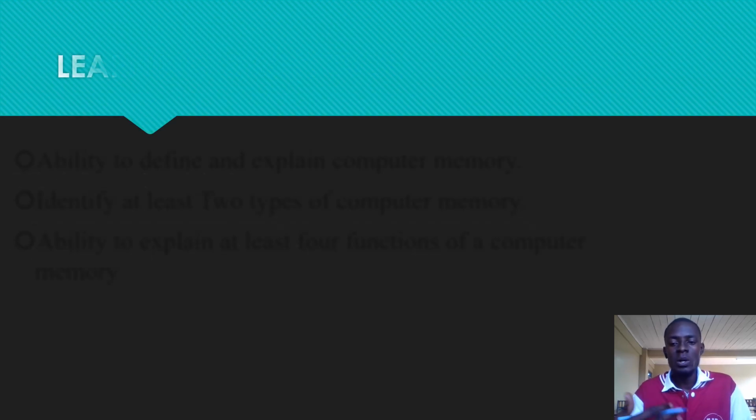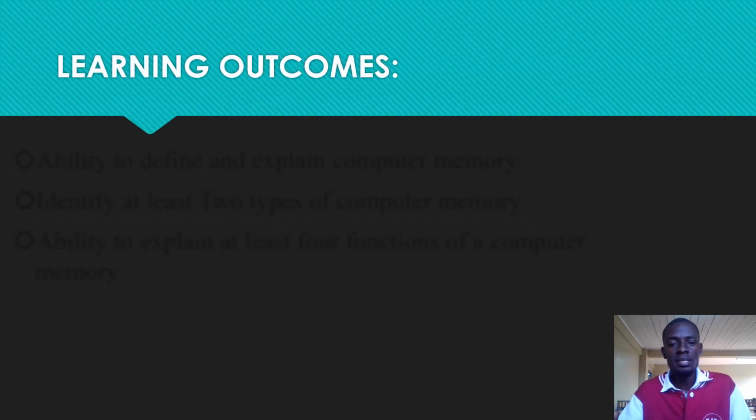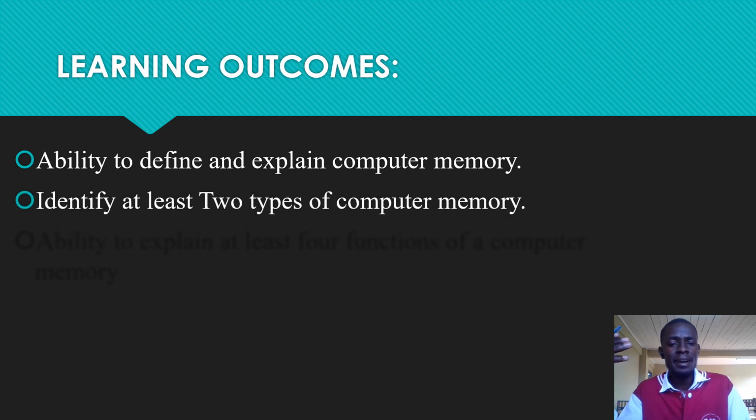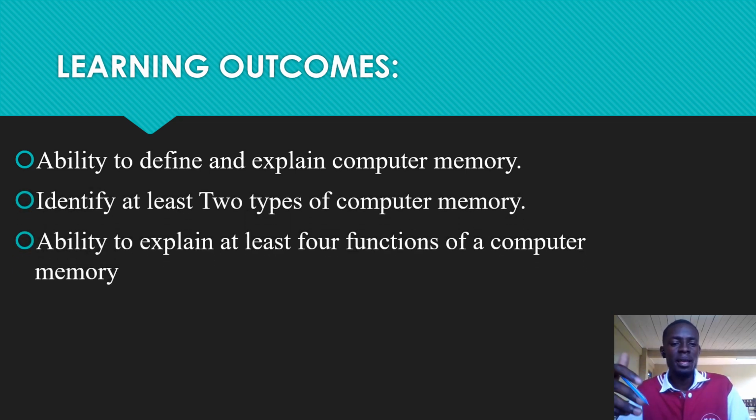Now, our learning outcomes include the ability to define and explain the computer memory, identify at least 2 types of a computer memory, and the ability to explain at least 4 functions of a computer memory, as we shall have many, but at least by the end of the session, you'll be able to explain at least 4 of them.